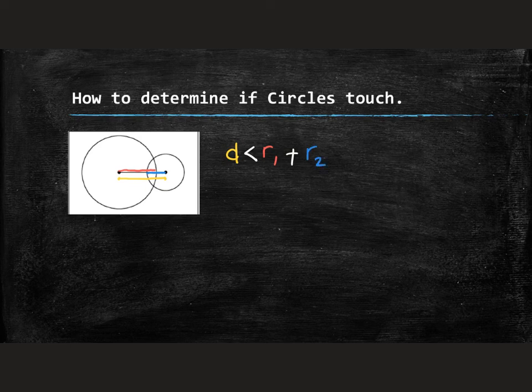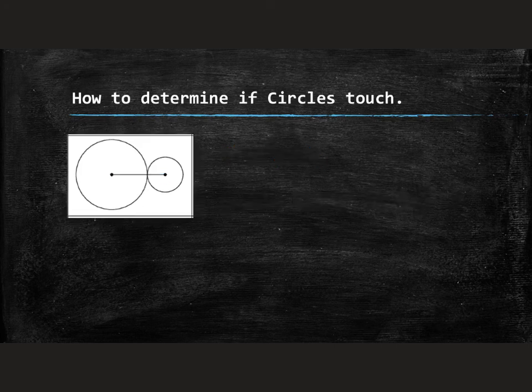And that makes sense because there's a small little bit of overlap. You can see that overlap happening in the part of the circles. So when the distance between the centers is less than the sum of the two radii, the circles touch at 2 points. When the radii add together and it's greater than the distance, the circles touch outside at 2 points.